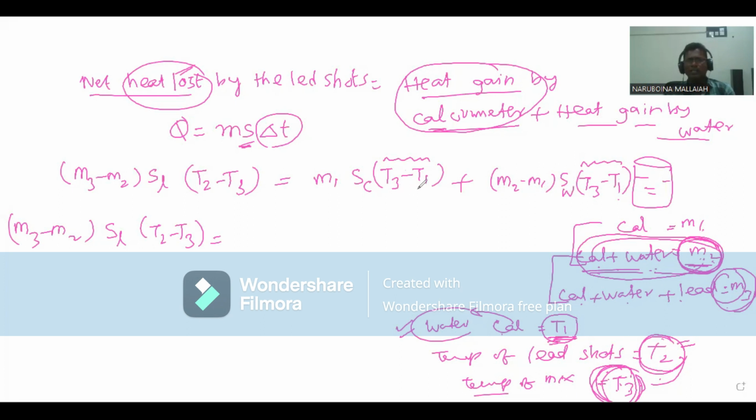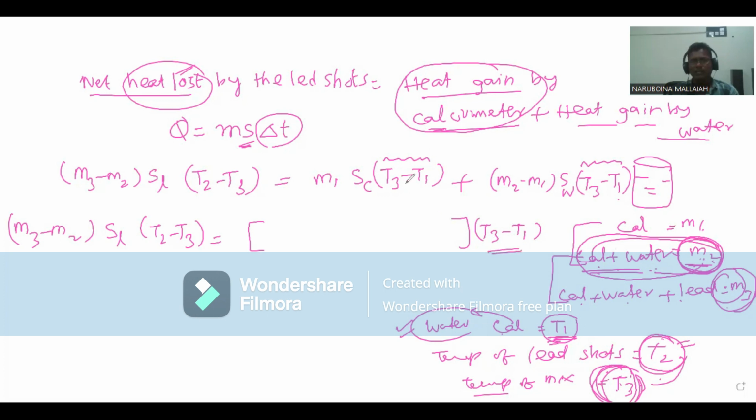Here we have T3 minus T1, here also we have T3 minus T1. So I am taking T3 minus T1 as common. Put a bracket here, and write T3 minus T1 on the right side of the bracket.